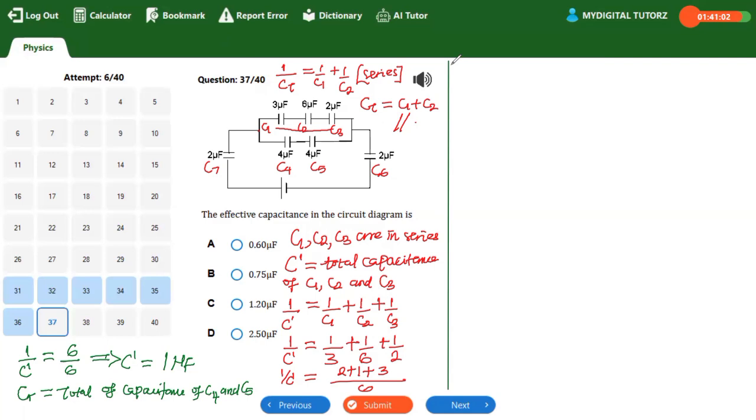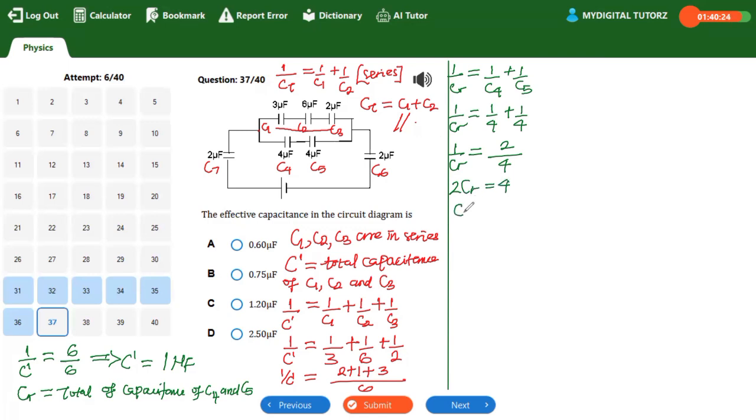That is 1 over CR will be equal to 1 over C4 plus 1 over C5, since they are in series. So that I have 1 over CR equal to 1 over 4 plus 1 over 4, C4 is 4, C5 is also 4. So I have 1 over CR equal to, what is the LCM? 4. I'll add the remaining ones, that will be 2. Then when I cross multiply, I have 2CR equal to what?